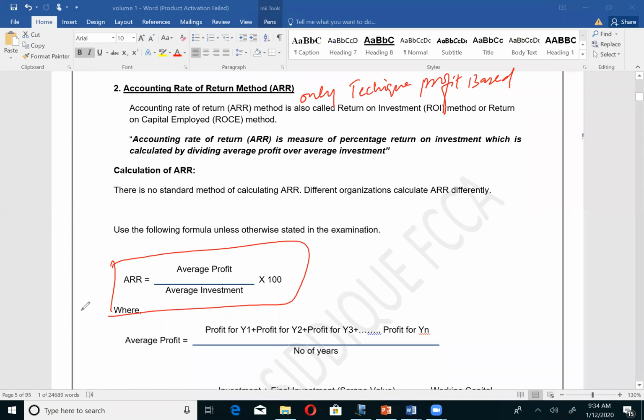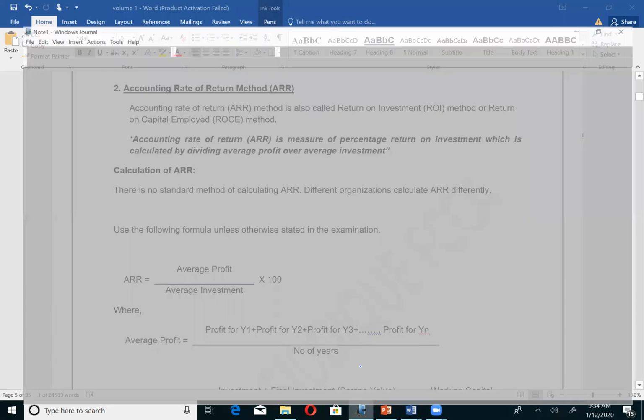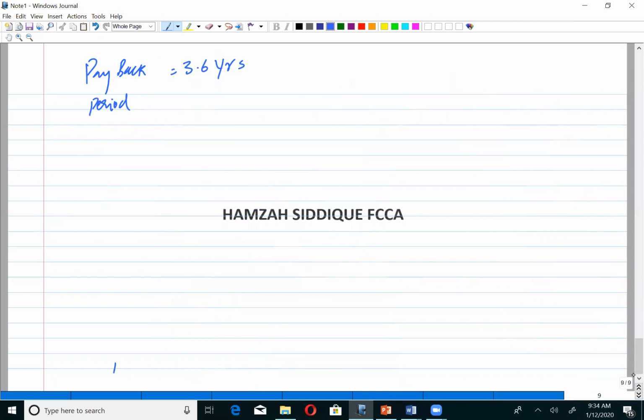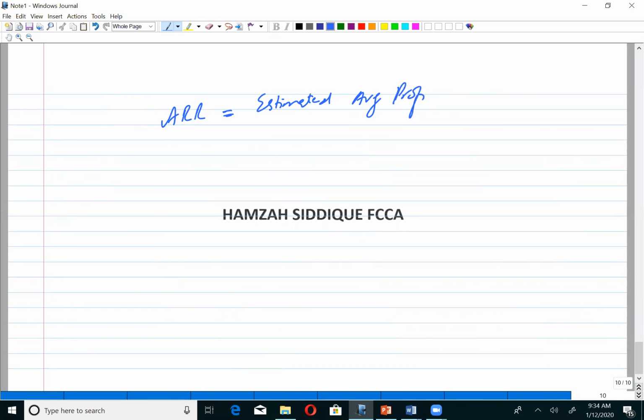So students, let us go to the board. ARR, accounting rate of return, is equal to estimated average profit, because it is about the future. We are going to appraise a future investment, divided by average investment, times 100.